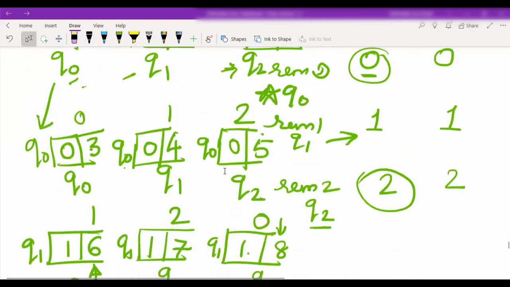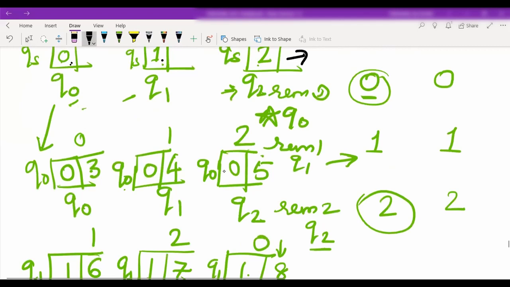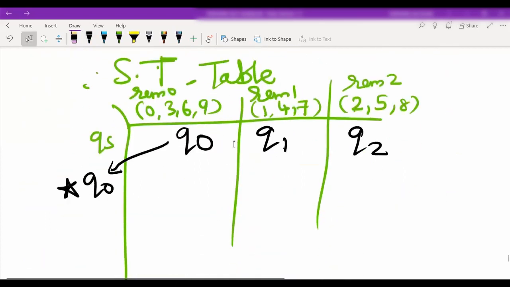Now Q0 with the next bit either 0, 3, 6, 9. Yes. So this Q0 with the next bit as 3 is also always going to leave the resultant state as Q0, because 03, 06 or 09 is always divisible by 3. That's why we have the resultant state as Q0.